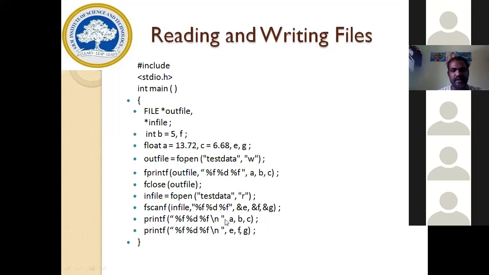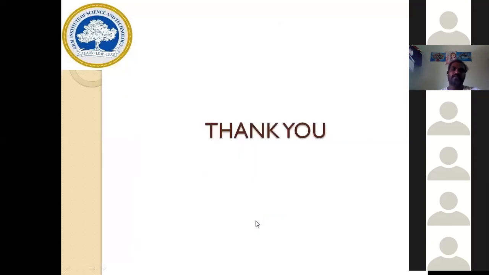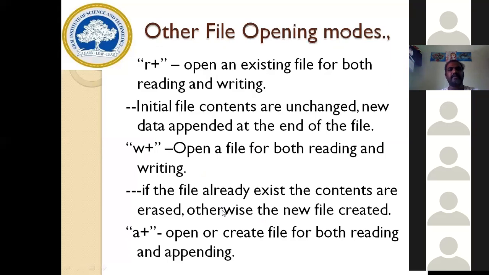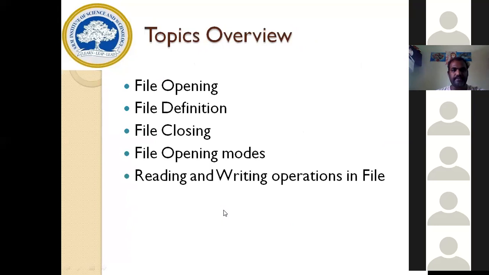That data is now going to be assigned to the variables e, f, g. So e is going to have 13.72, f is going to have 5, and g is going to have 6.68. So this fscanf will read the data from the test data file and assign it to the variables e, f, g. Thank you. So that's all about file operations, file opening modes, and how to close the file.